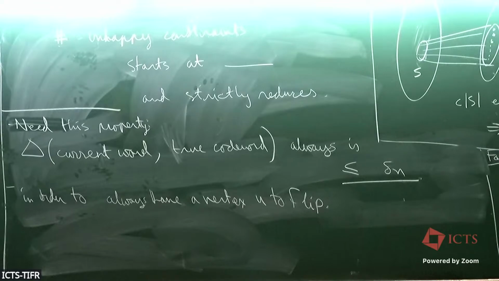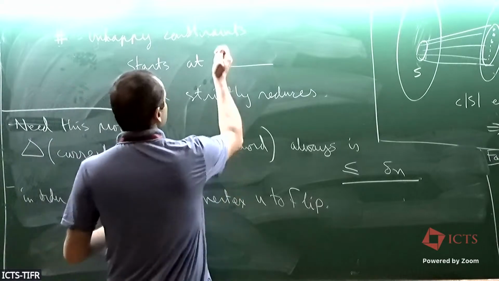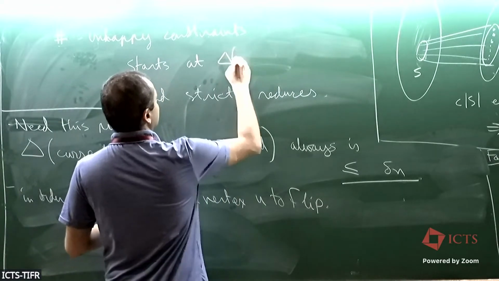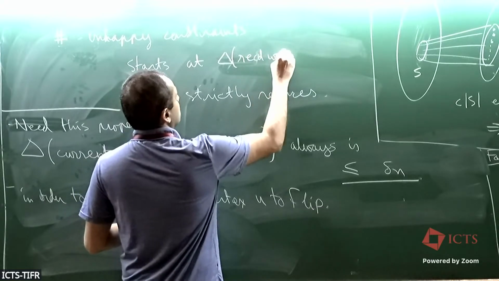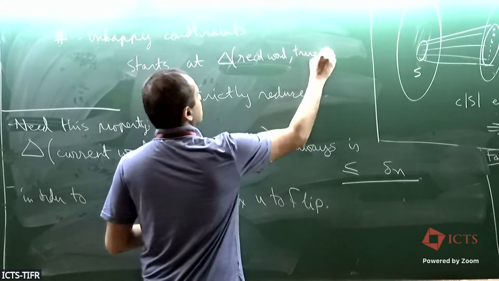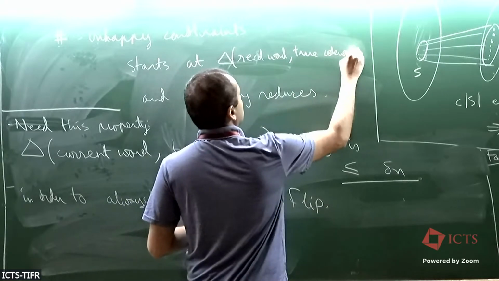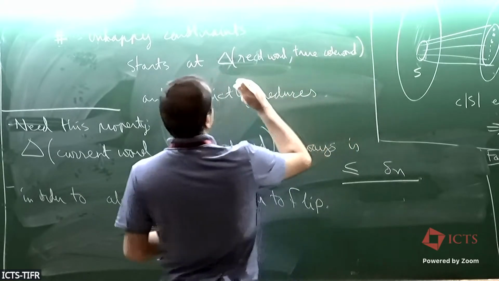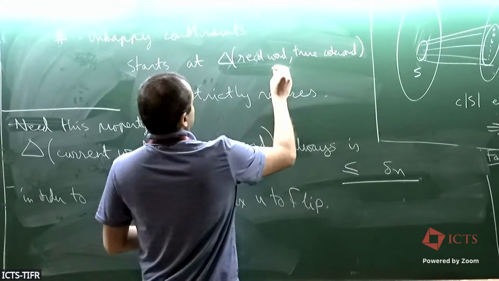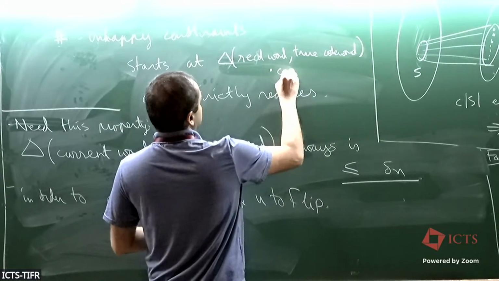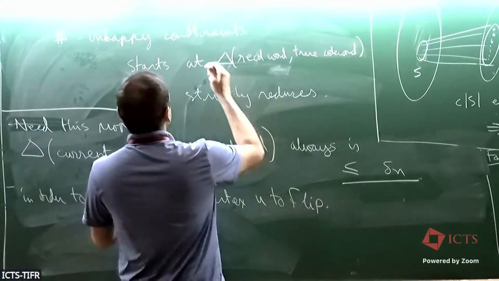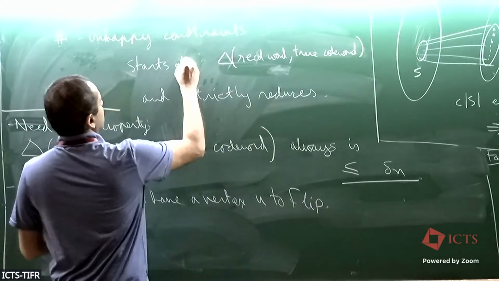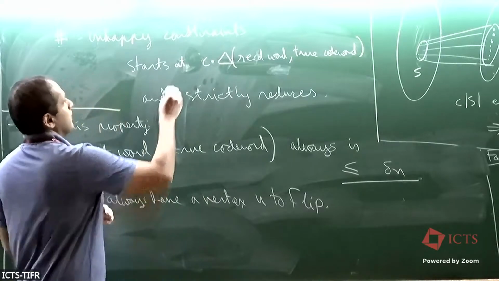So what does the number of unhappy constraints start off at? It starts off at the original distance, delta, of the received word and the true code word, times C, at most.